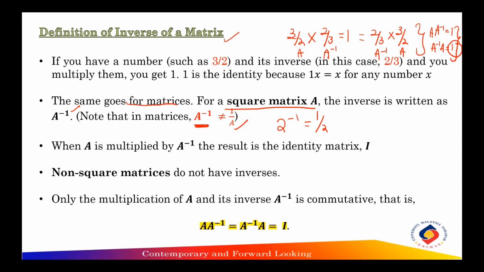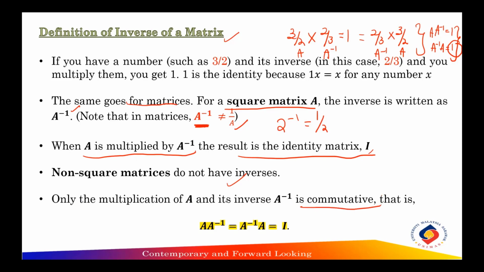And we need a special process to find the inverse of matrix A. Next, when A is multiplied by its inverse, the result is the identity matrix denoted by I. And non-square matrices do not have inverses. Only the multiplication of A and its inverse is commutative.